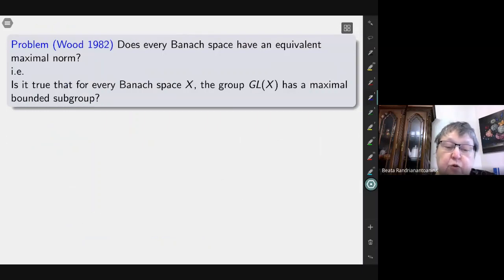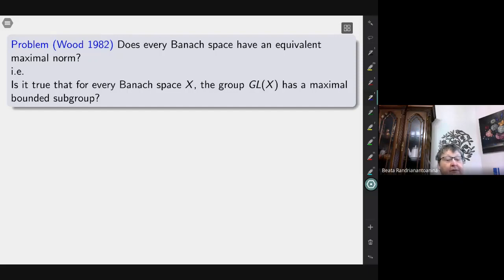The question that Wood asked in 1982 is, does every Banach space have an equivalent maximal norm? In view of the result of Rolewicz that every almost transitive and every transitive norm is maximal, this is a much weaker version of the question, does every space have an almost transitive norm?